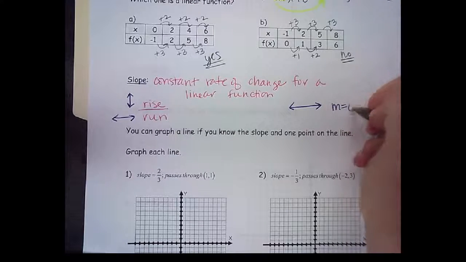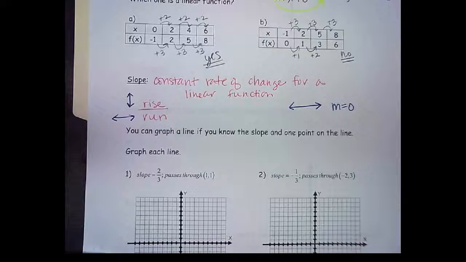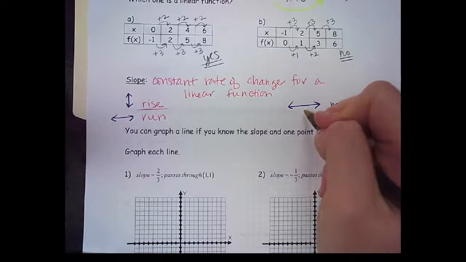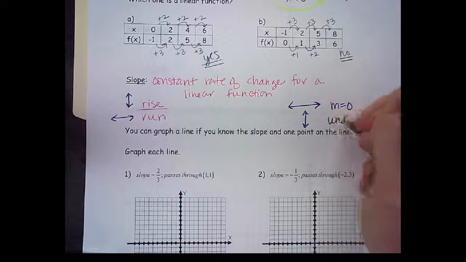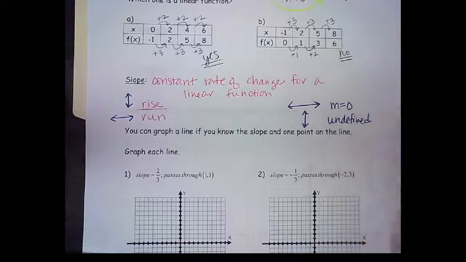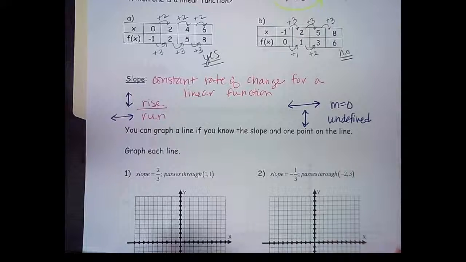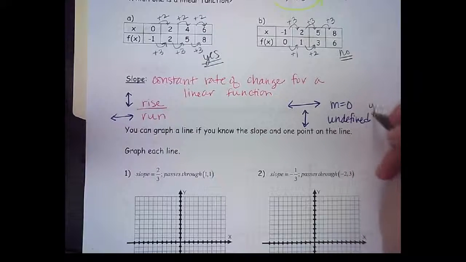I think I hear 0. Slope is 0. A horizontal line would be y equals something and a slope of 0. What if I give you a vertical line? What's the slope? Undefined. Good. And that would be x equals something.